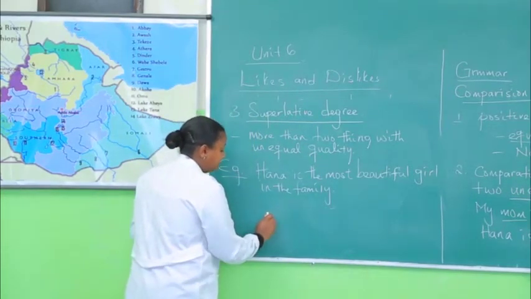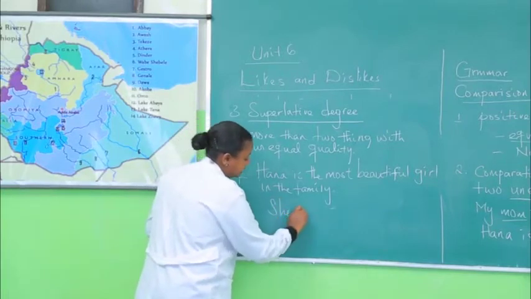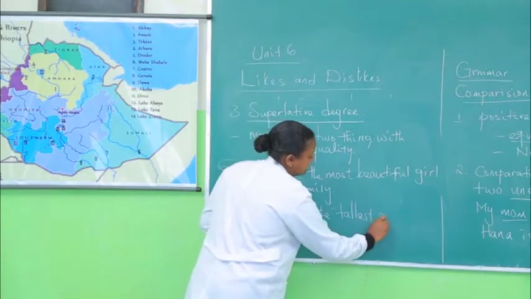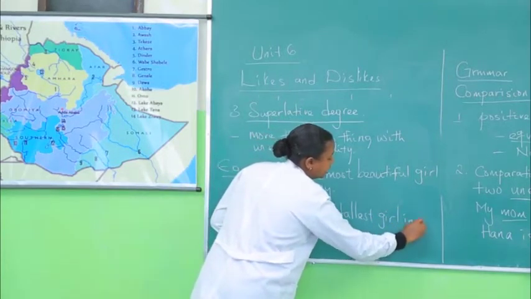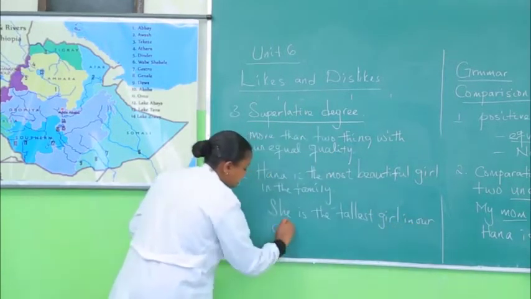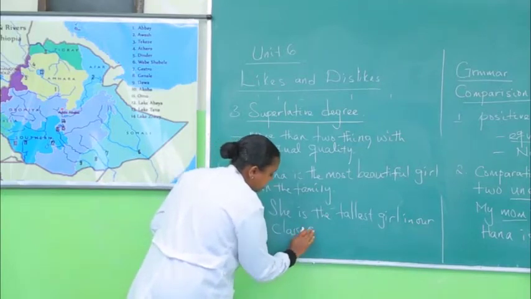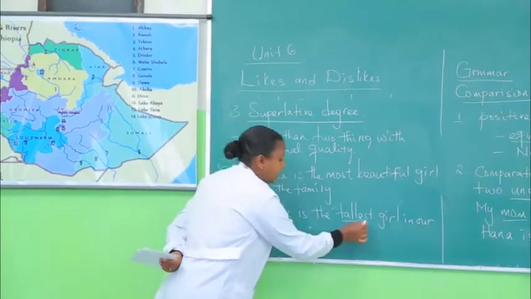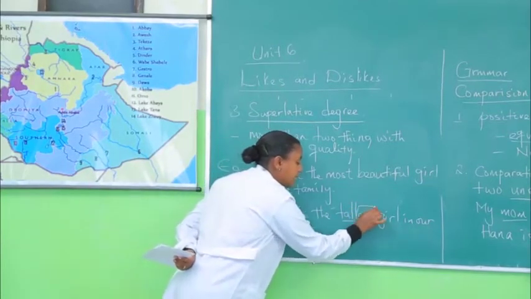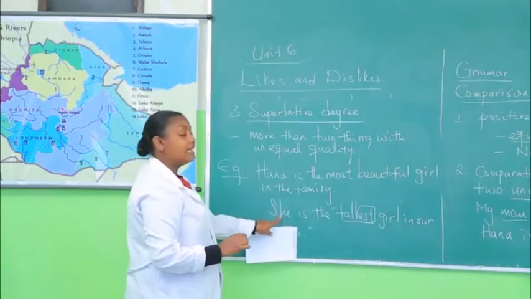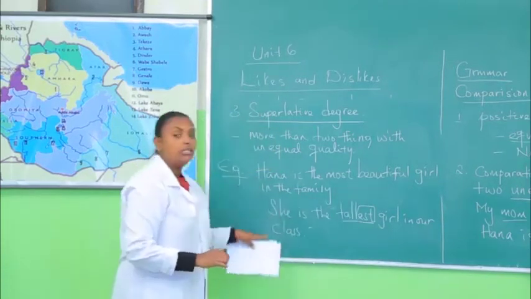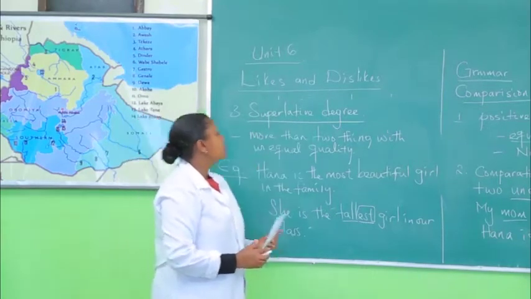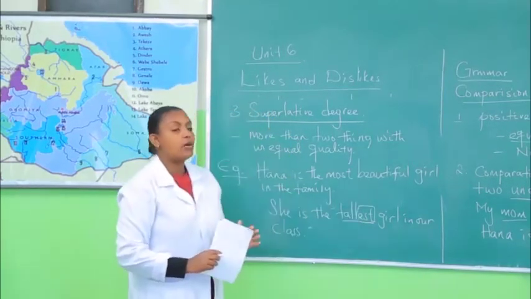Like for example, she is the tallest girl in our class. So here the adjective is tall, and I added only est because I'm comparing her with the whole students in the class. So these are superlative, comparative, and positive degree.